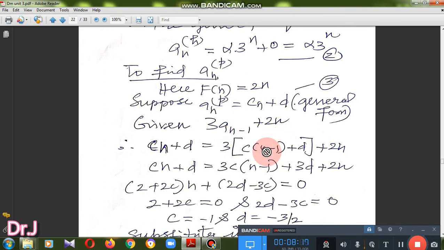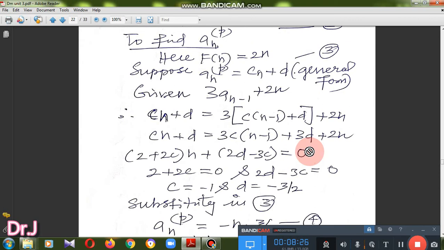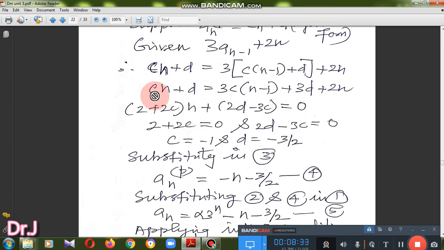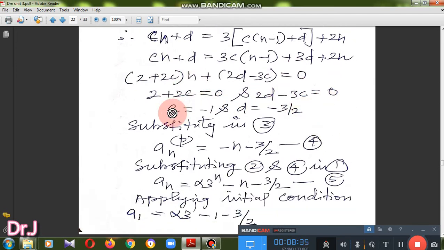So we have 3 times (c(n-1) plus d) plus 2n as it is. Now simplify this and compare the coefficients of n. What you get is that c equals minus 1 and d equals minus 3 by 2. From these two equations you can solve by the algebraic method, and you will find c equals minus 1 and d equals minus 3 by 2.